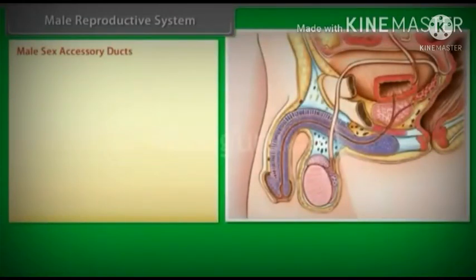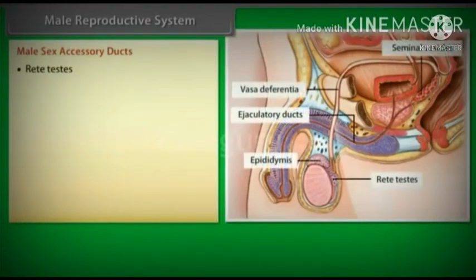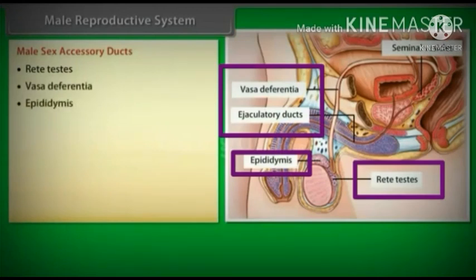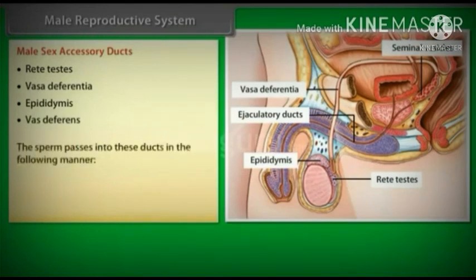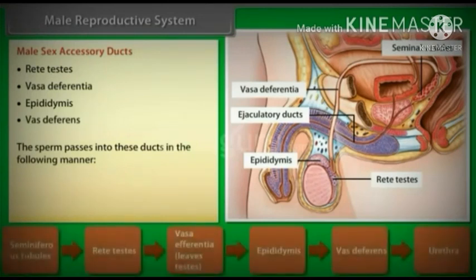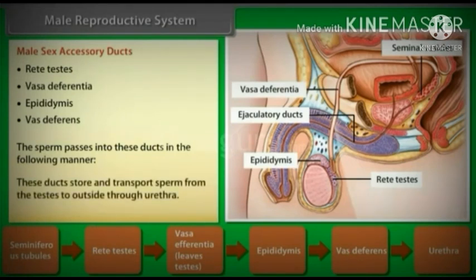Male sex accessory ducts. Rete testis, vasa efferentia, epididymis, vas deferens. The sperm passes into these ducts in the following manner: seminiferous tubules, rete testis, vasa efferentia, which leaves the testis, epididymis, vas deferens, urethra. These ducts store and transport sperm from the testis to the outside through the urethra.